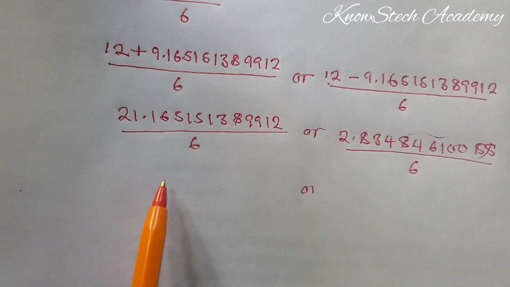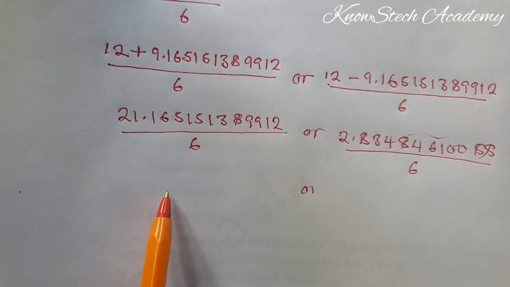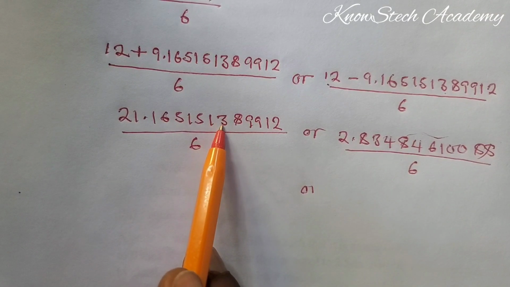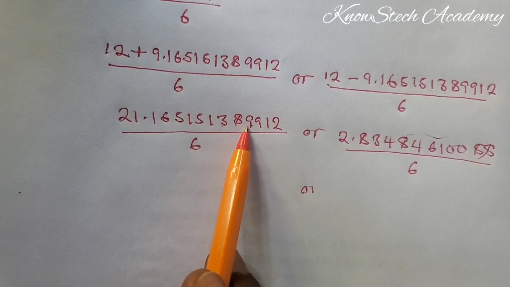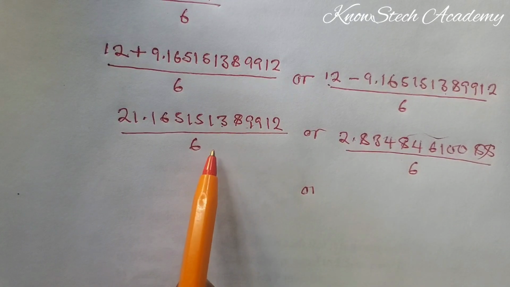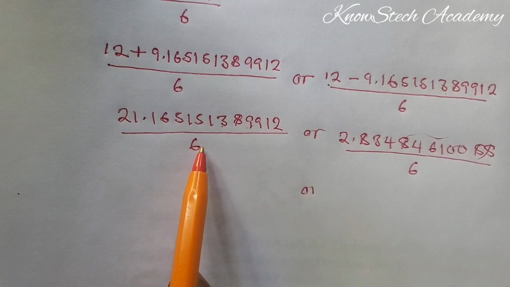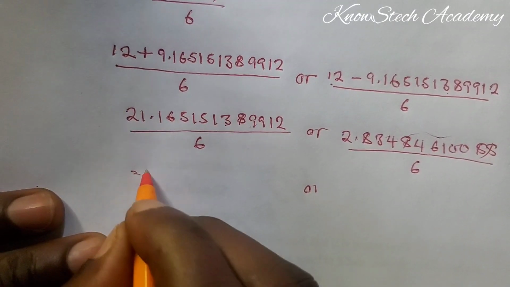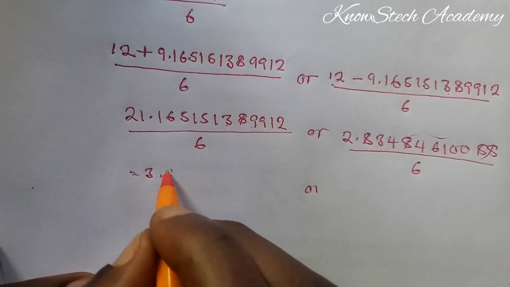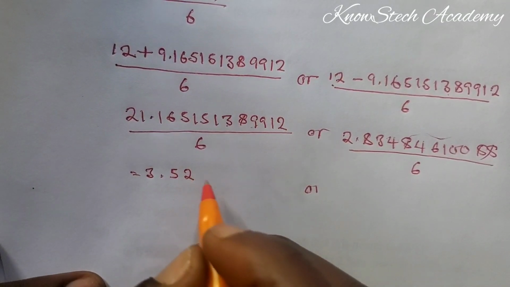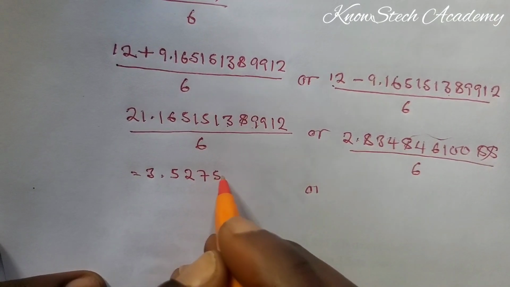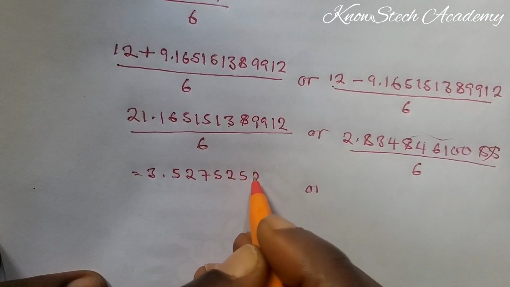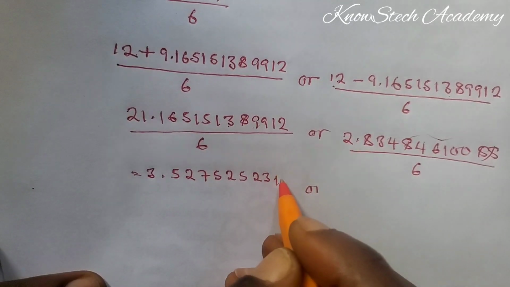So when you divide 21.16515138912 divided by 6, we're going to have 3 point, okay, so this is giving me 3.5275252316.